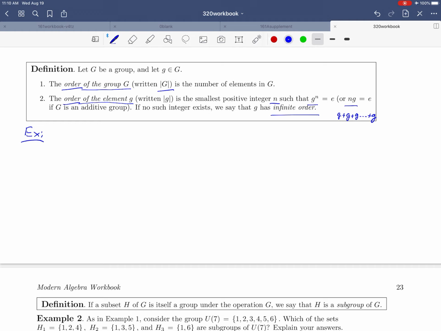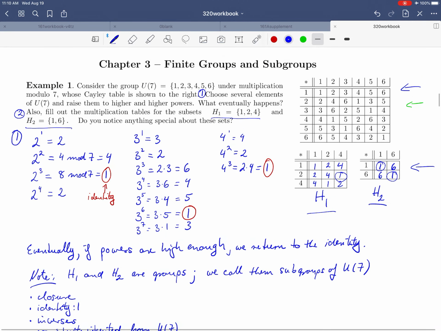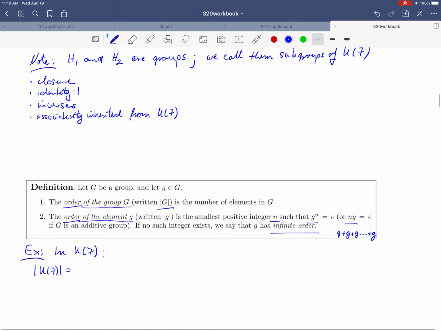So when we're looking at our group U7 from the previous example, what does this look like? Well, what is the order of U7 itself? That is the number of elements, and if you go back up, here is U7, and it has 1, 2, 3, 4, 5, 6 things in it.